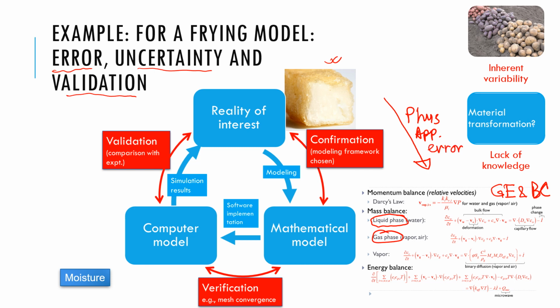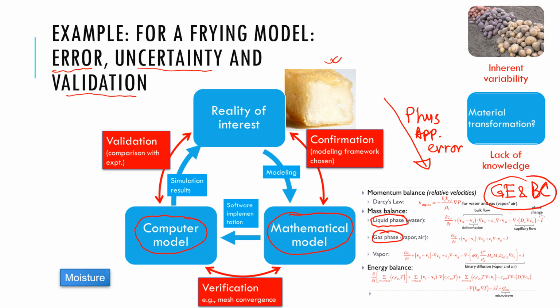The mathematical model, which is the governing equations and boundary conditions here, is typically solved numerically, building a computer model, and this could be commercial code or we write our own code, but the solution is almost always numerical.